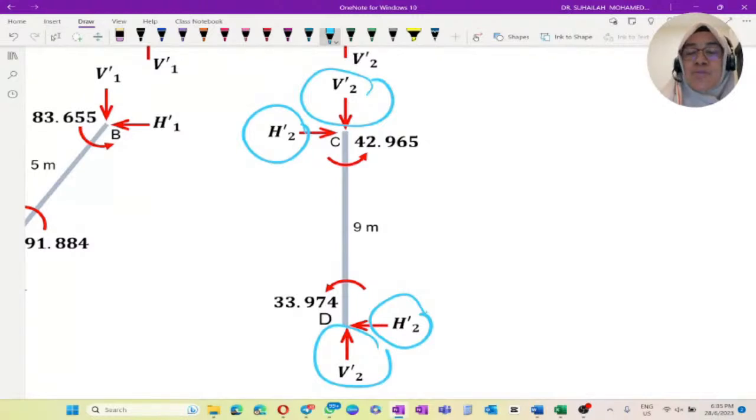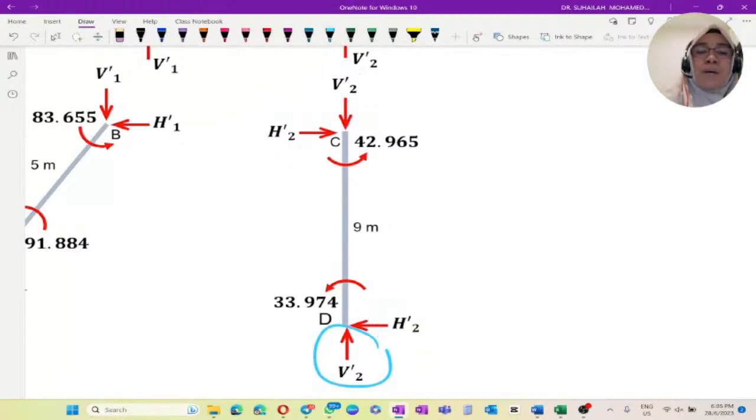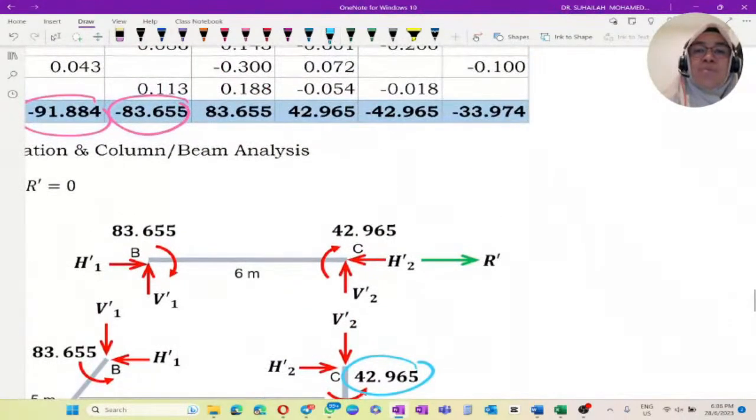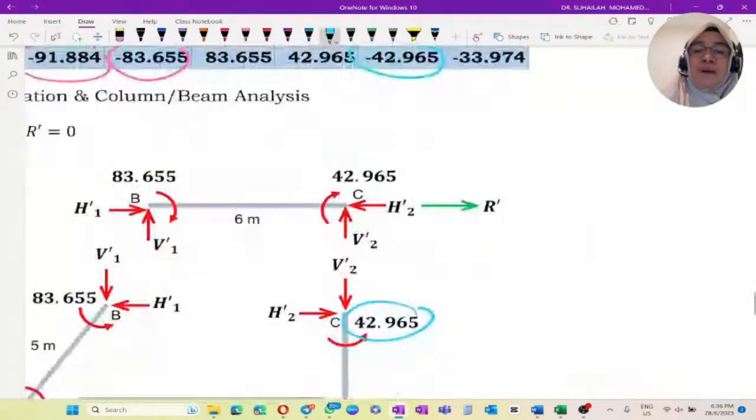Total Fx is 0, total Fy is 0, or total V is 0, total H is 0. And besides that, there are end moments at NC and at ND. The end moment at NC is MCD, and the end moment at ND is NDC. So this value we get from table number 2. MCD from the table is negative 42.965.